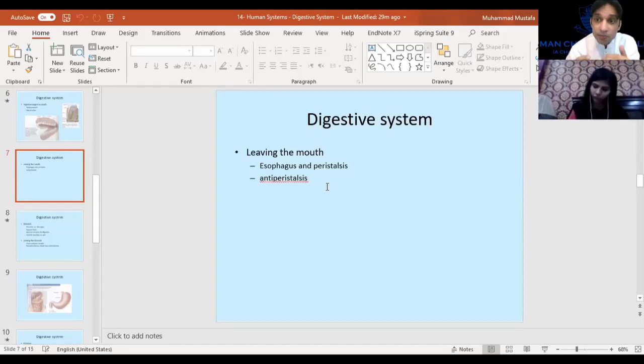And if that rhythm goes out of sync, it will result in the reverse movement of food from the stomach towards the mouth, and this is what we call anti-peristalsis, and it results in vomiting.